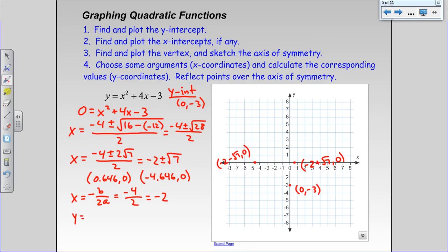For the y coordinate, we use the formula 4ac minus b squared all over 4a. 4ac is negative 12 minus 16 all over 4, or negative 28 over 4, or negative 7. So the vertex of our parabola is the point (-2, -7). We can plot that on our graph.